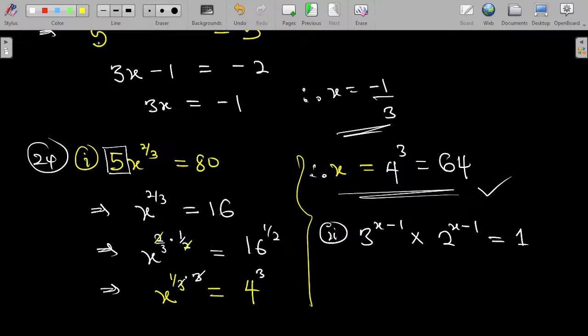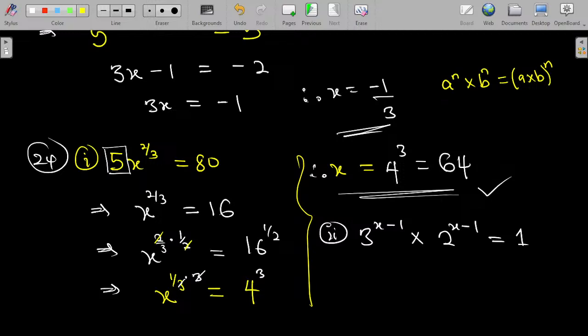Yes, and what is it? Very beautiful. What rule are you going to apply here? The rule where you have distribution of powers. So you recall I said that if you have a raised to power n times b raised to power n, both of them are raised to the same power, you can bring in a bracket and put the product of the bases in the bracket, and then raise the two of them to the same power.